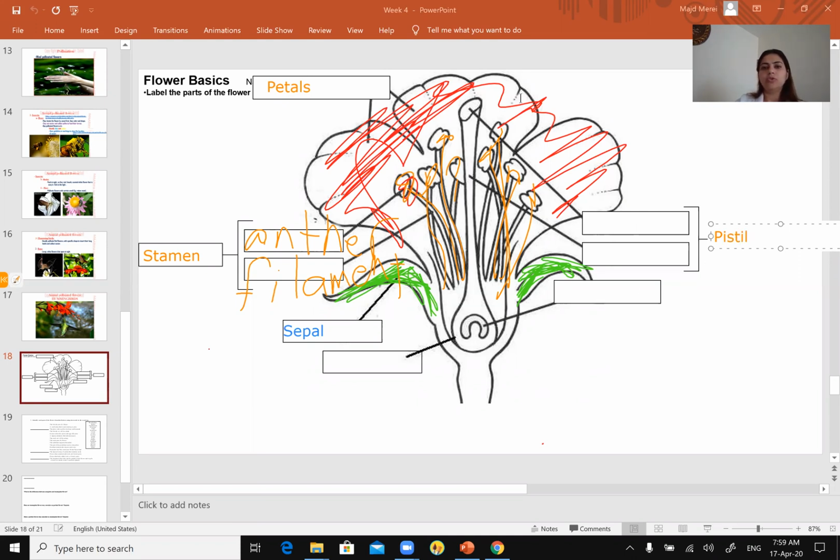I'm going to use the purple color, yes? So here we have the female ovary, style, and stigma.